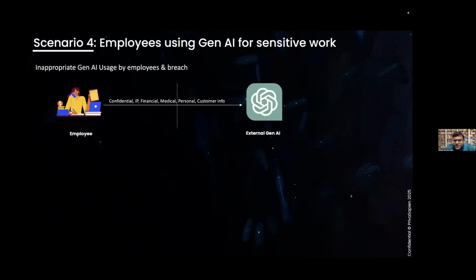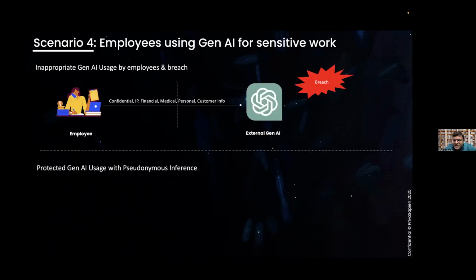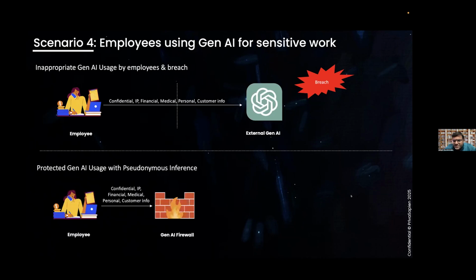In terms of sharing data with external large language models, we were rightly concerned about the memory of external large language models. So how can you identify this right at the user level, let's say confidential IP, financial, medical, personal information?